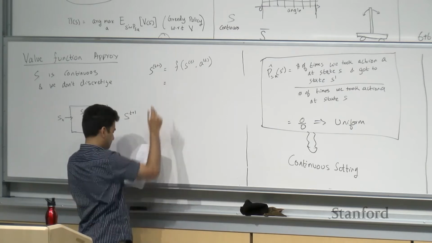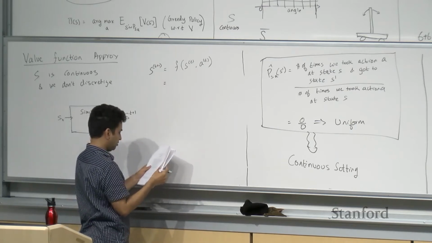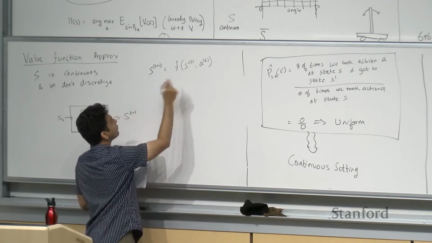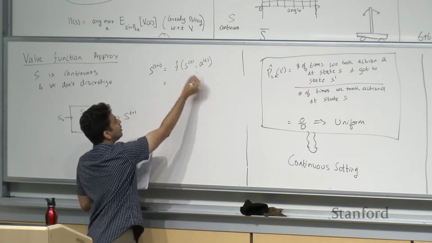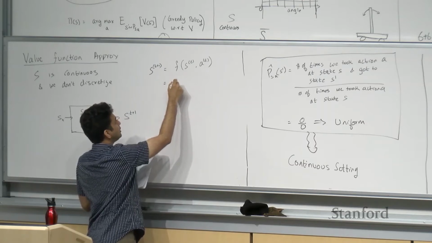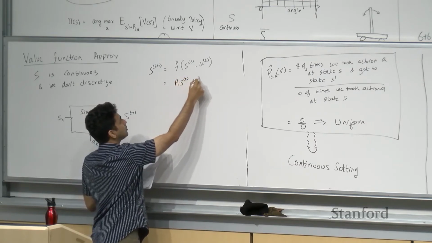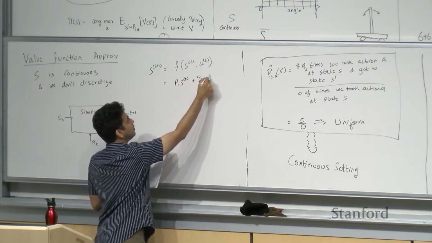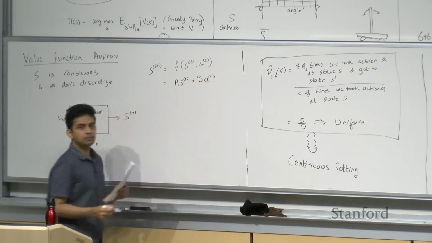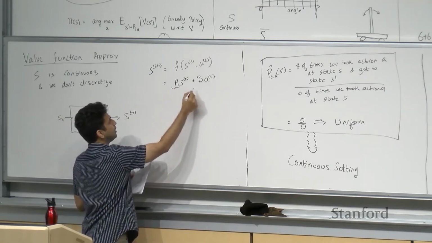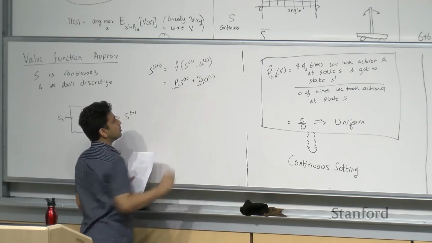A common thing we could do is assume a linear form for this relation, which means f is linear: A S_t plus B A_t, where A is a matrix and B is another matrix.